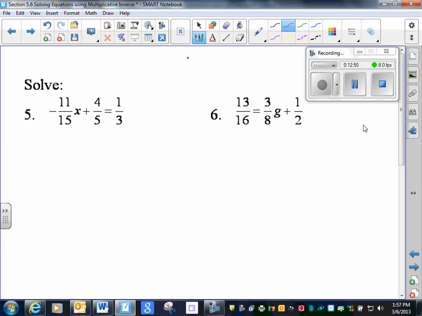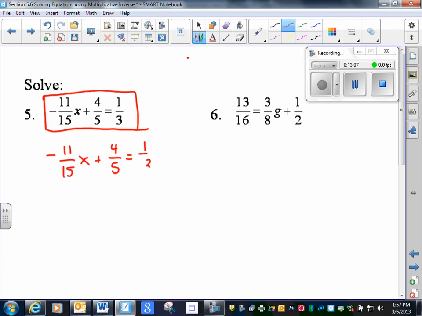I want to work one more, and then I'll leave the rest to you for homework. Let's work number 5, if you can box it up and rewrite it. First thing I want to do is the subtraction piece. So we're going to subtract 4/5 from both sides. Now, this gets a little messy because I can't subtract 4/5 from 1/3.